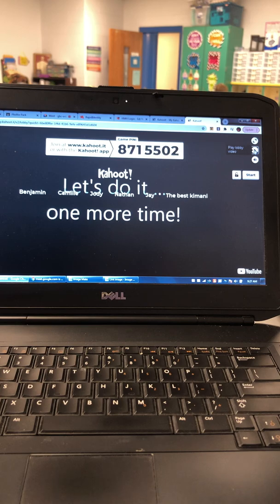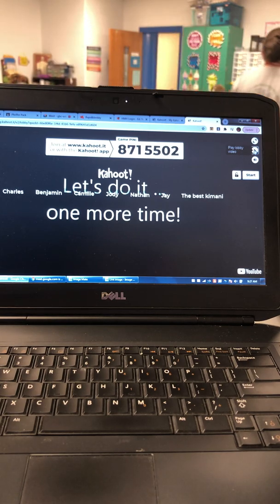Click on play, then you're going to enter the game code. Once you go to right here, Safari, Kahoot.it. Type in Kahoot.it right there, and then you're going to click on play. Once you've clicked on play, up in the right corner, click on play. You're going to put in that code.